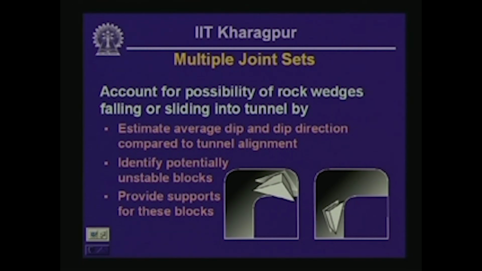Now, like what you had in the case of two joint sets, you could have a tunnel alignment where there are more than two joint sets, and the problem here from the standpoint of mechanics is quite comparable to what we discussed in the previous case.